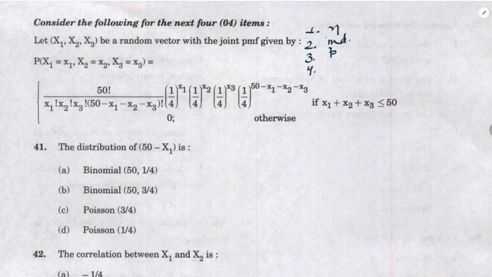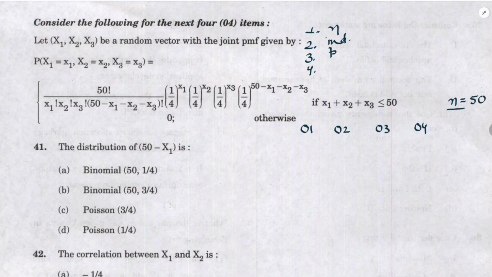Now suppose instead of 2 outcomes we have 4 types of outcomes: the first type of outcome, second type, third type, and fourth type of outcome. So in this case we have more than 2 outcomes in a binomial experiment environment, so this will be multinomial distribution. Now suppose the number of trials is 50.